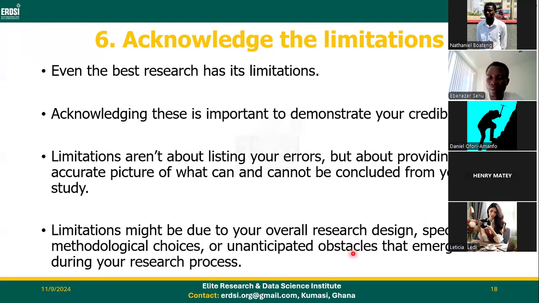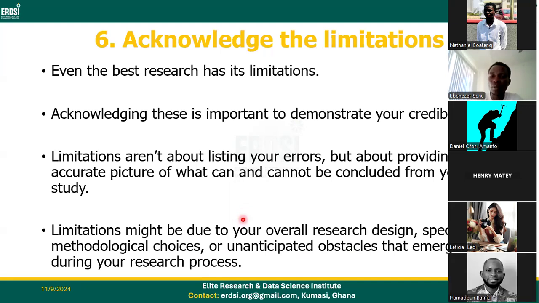What are the obstacles that you found? The limitation is the opportunity for you to bring some of those things up so that someone could build upon them for another research. Maybe you used a cross-sectional design, and you acknowledge this as a limitation, then you further recommend that future studies should use more prospective designs or randomized control trials.